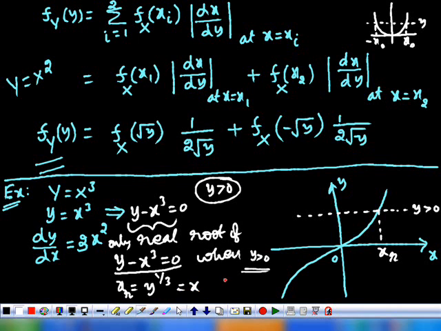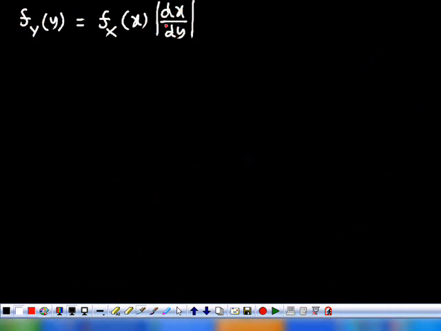The subscript r indicates it is the only real root. Therefore, what is fY(y)? fY(y) is equivalent to fX(x) |dx/dy| at x = xi. In this case, we have only one root, that is at x = xr.